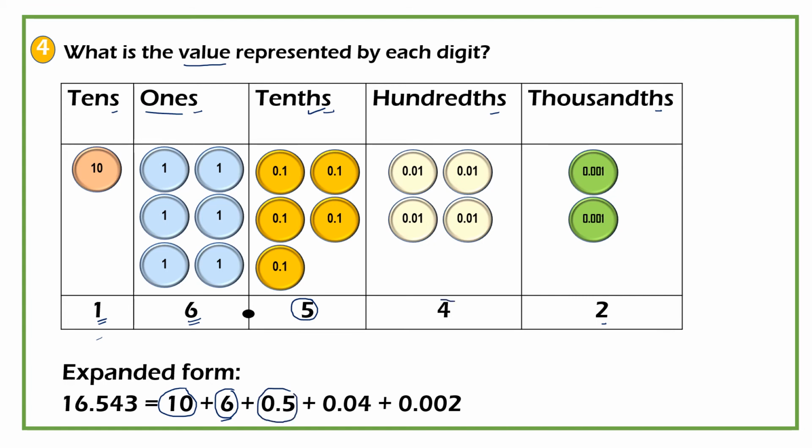The place value of this 4 is hundredths, but the value is 0.04, the same as 4 hundredths. Finally, the place value of 2 is thousandths, and the value is 0.002, the same as 2 thousandths.